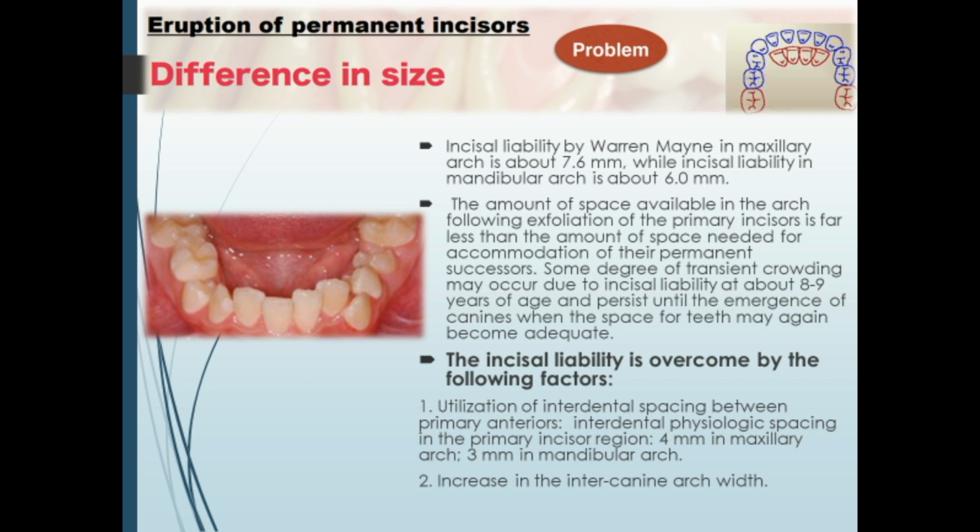Incisal liability is partly compensated by the developmental spaces that exist in the primary dentition. Interdental physiologic spacing in the primary incisor region is 4 millimeters in the maxillary arch and 3 millimeters in the mandibular arch. Anterior crowding of permanent dentition may develop in the absence of interdental spacing.